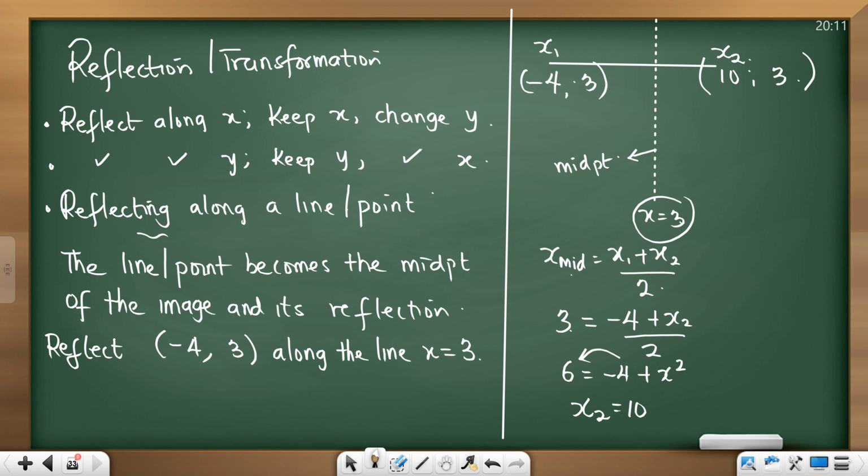The reflection is the midpoint. That is too important, guys. -4 plus 10 is 6, divided by 2, 3.